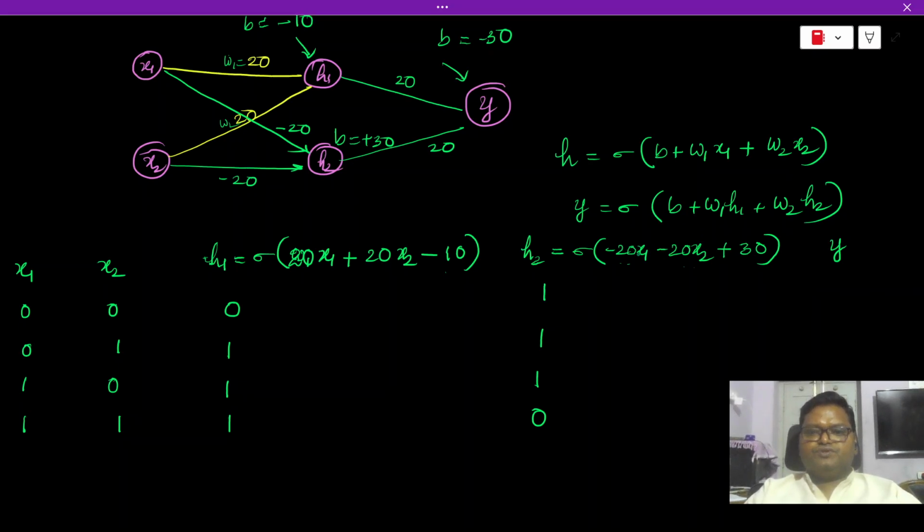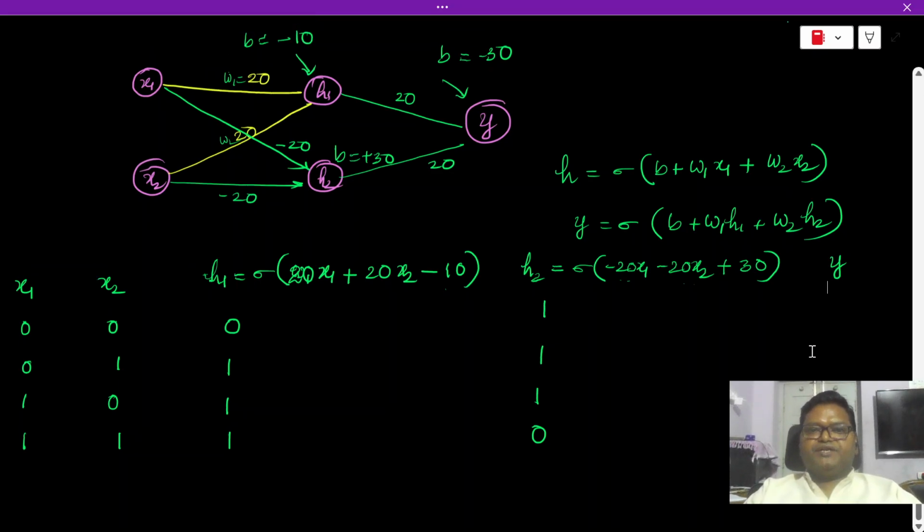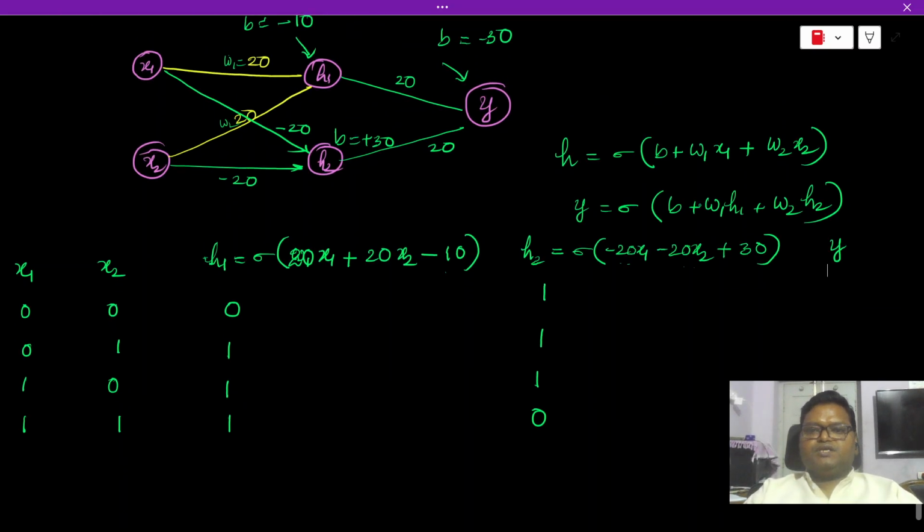Y is bias, which is minus 30, plus W1 H1, that is 20 H1, plus 20 H2, minus 30. So when both are 0, this is minus 30, so the value is 0.